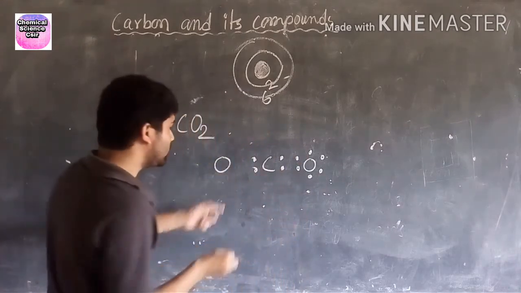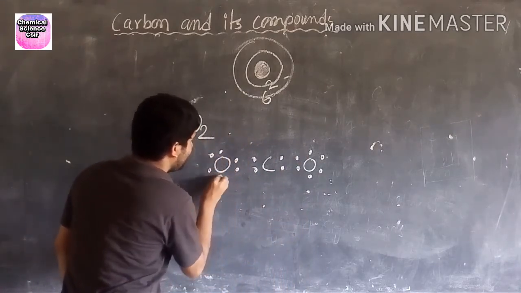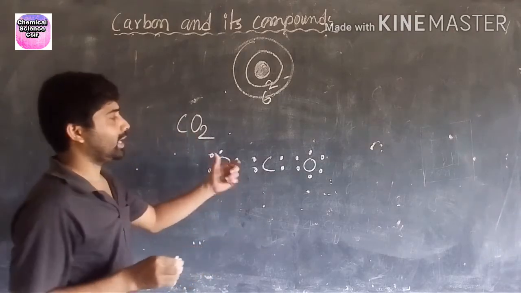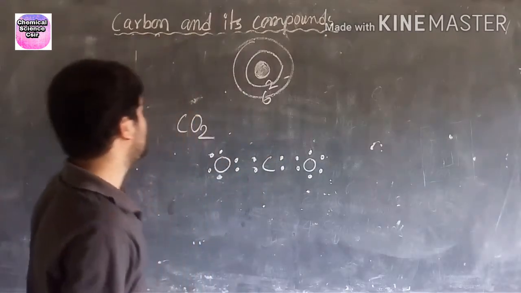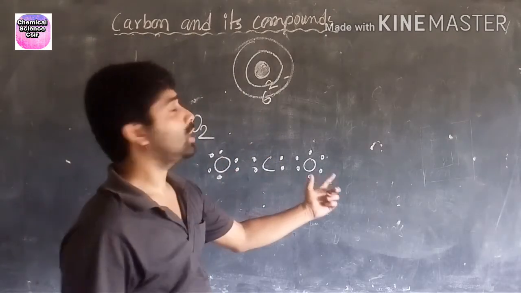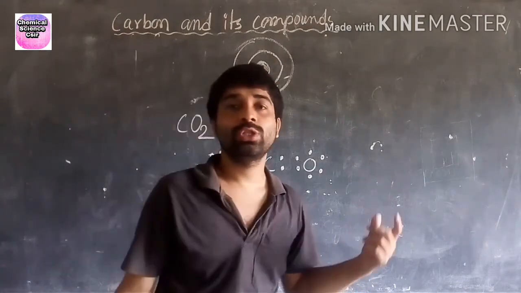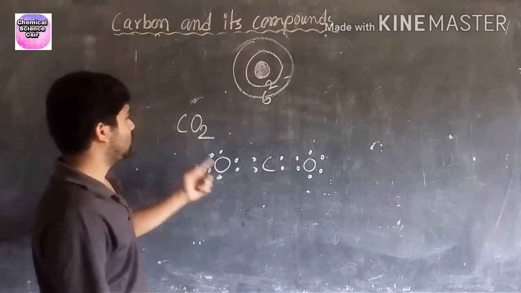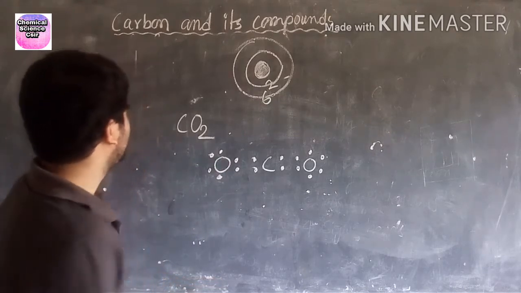This other oxygen also has 1, 2, 3, 4, 5, 6. Like this. So this is called the Lewis dot structure of carbon dioxide. Understood?